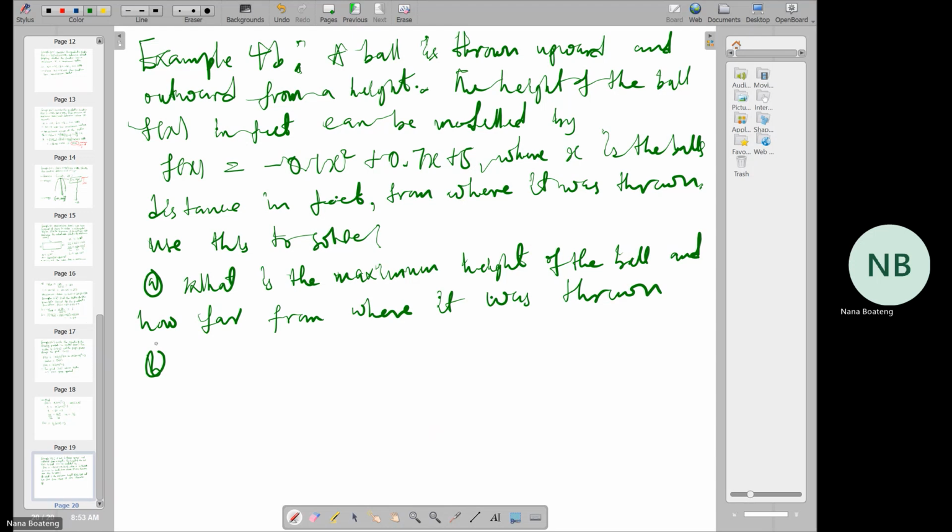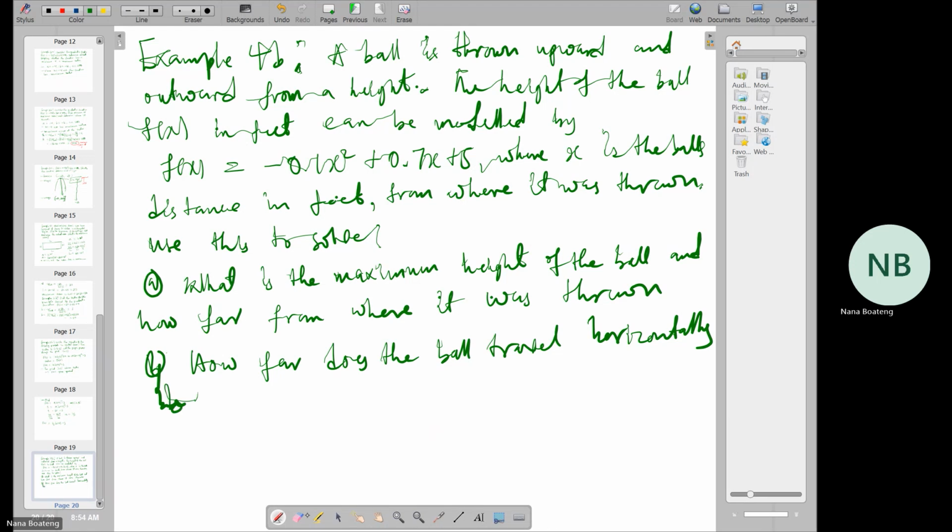And B: how far does the ball travel horizontally before hitting the ground?